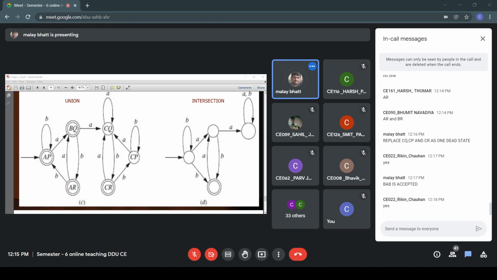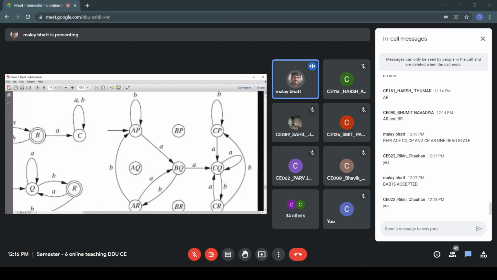So which one is correct out of these two? The self loop is the correct arrow, as you can see in the previous slide. There is no arrow from the initial state to B.